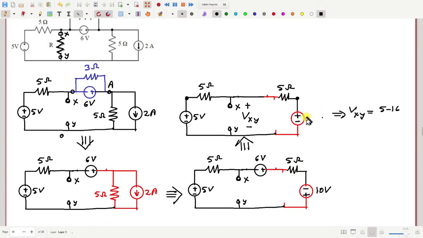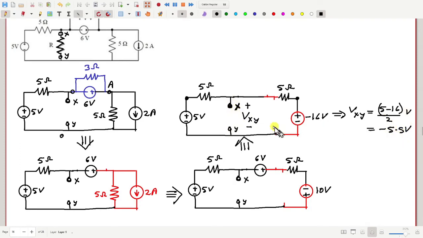Okay, oh right. So basically this voltage at X will be exactly halfway between 5 and minus 16. So that is minus 5.5, right? So that is the voltage.